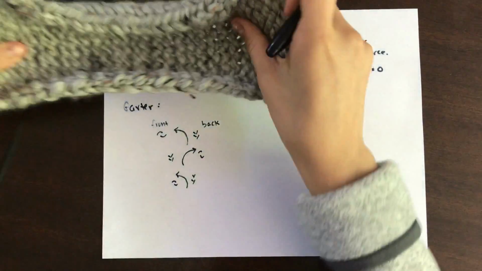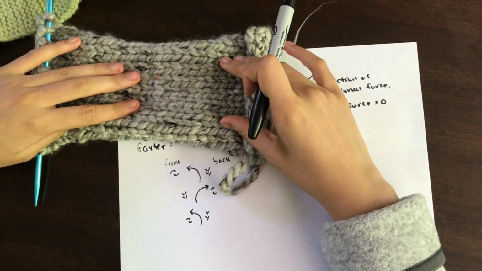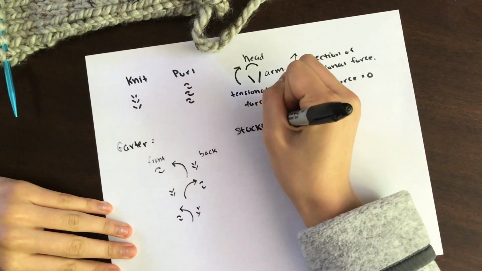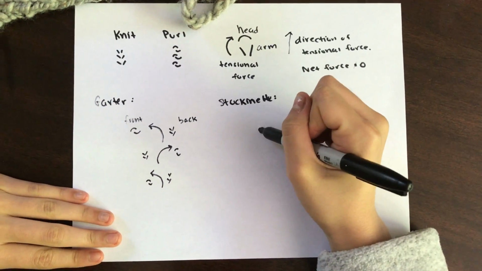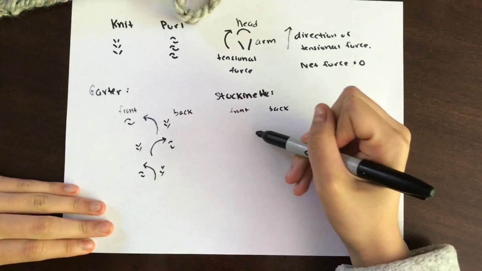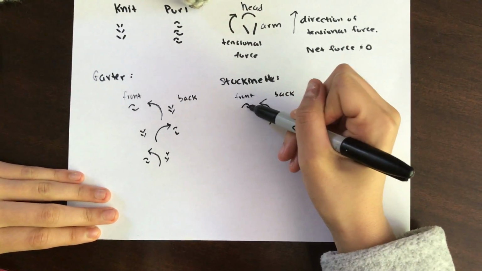But if we look at the stockinette stitch, the front are all heads, or they're all arms. And if we draw a similar diagram, this stitch would look like this. If this is the front, this is the back, then all the tension will be going towards the front if the front are the heads.